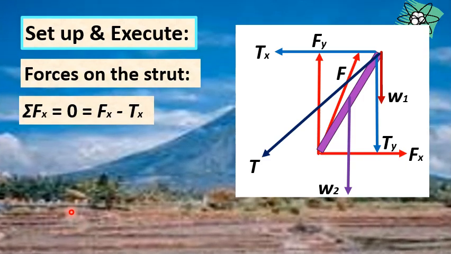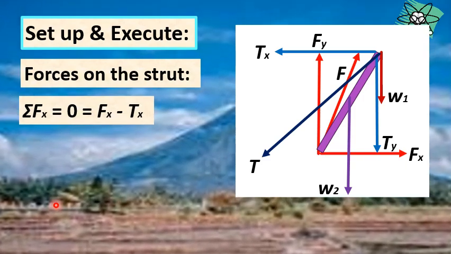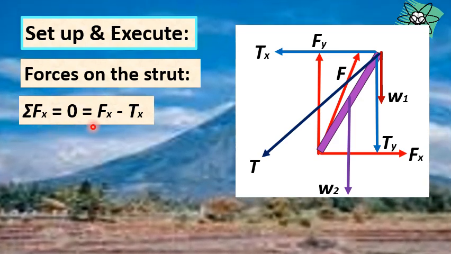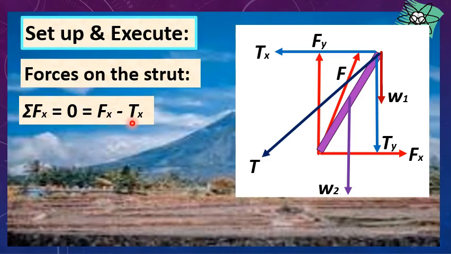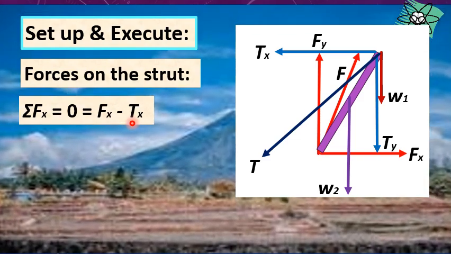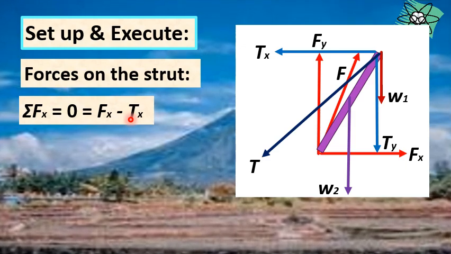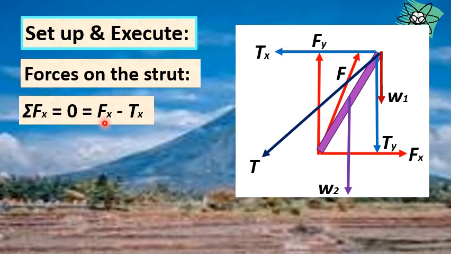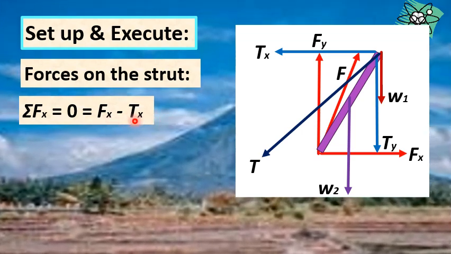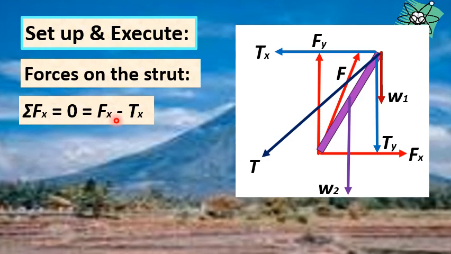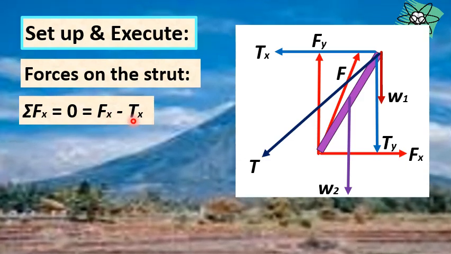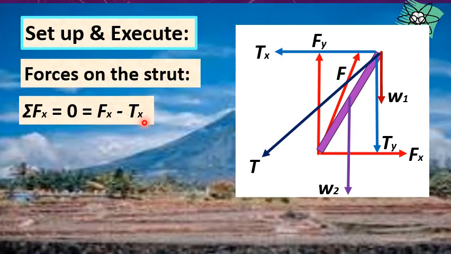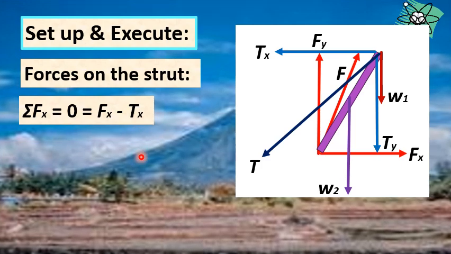Similarly, the summation of all the forces along the horizontal, or summation of Fx, must also be equal to 0. The two horizontal forces are Fx and Tx, where Fx is directed to the right and Tx directed to the left. When these two forces are added vectorially, their sum is also equal to 0.